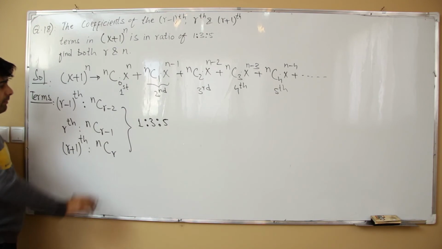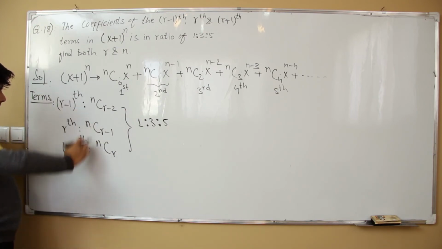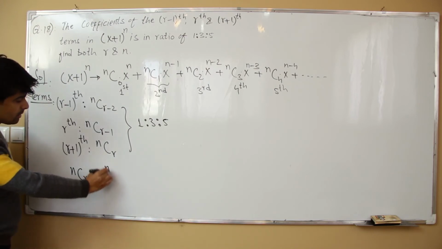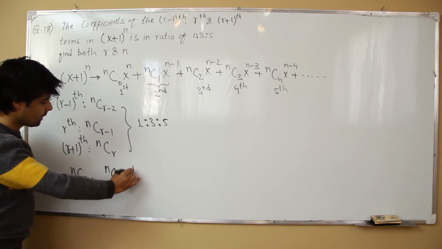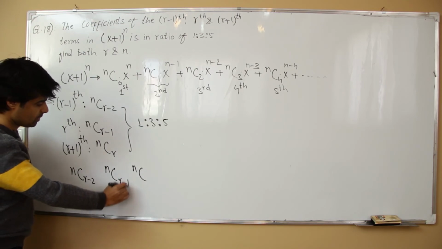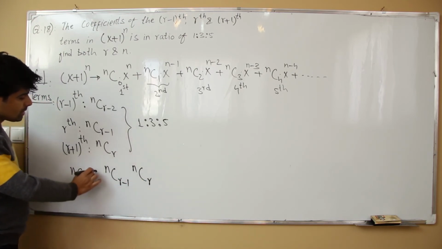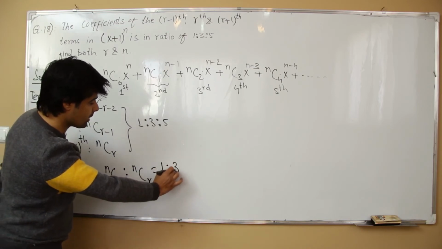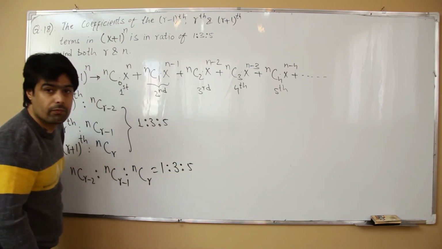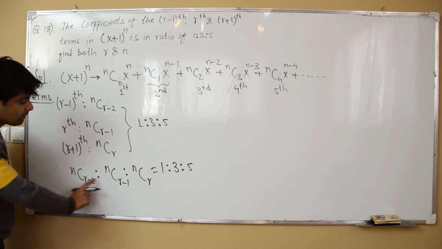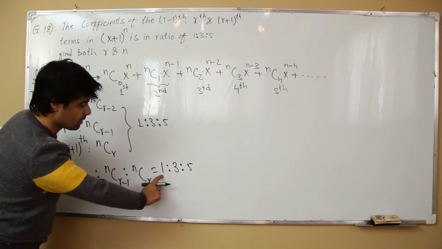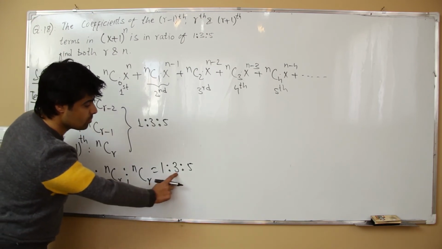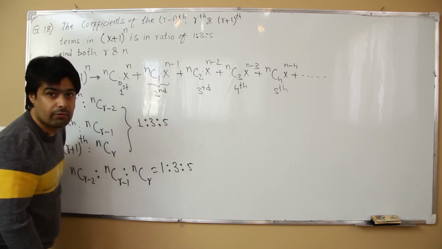It means these coefficients, nC(r-2), nC(r-1), and nCr, are in the ratio 1 by 3 by 5. The division of the first two terms is equal to 1 divided by 3, and the division of the other two is equal to 3 divided by 5.